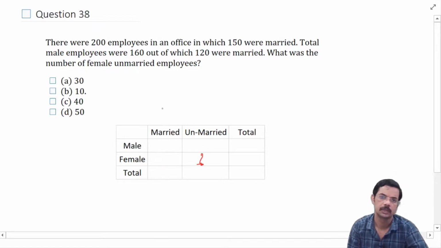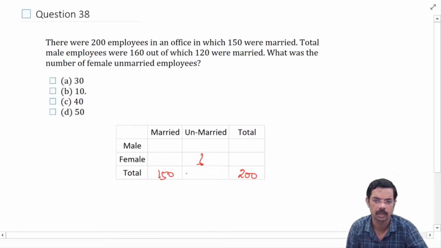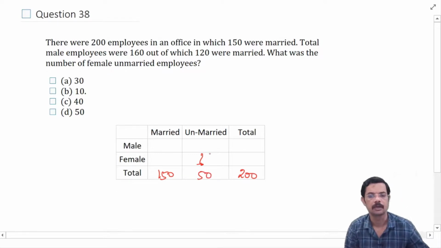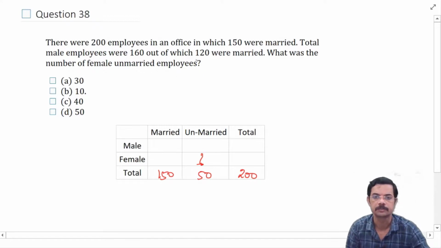Okay, so let us find. There were 200 employees in the office, in which 150 were married. So how many unmarried people? There are 50 unmarried people. Next, total male employees were 160, out of which 120 were married.